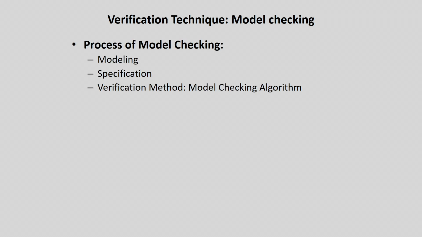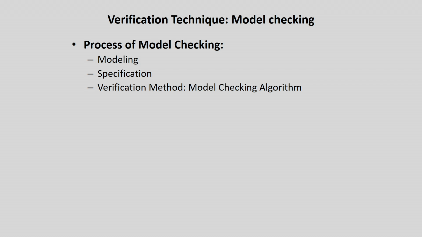So what is the process of model checking? Already we have mentioned that in a verification technique we have one component which is known as the system model. We are designing our system and we have to represent it with the help of some formal mechanism, and generally we use some finite state machine.